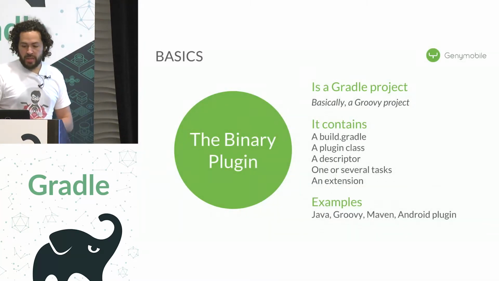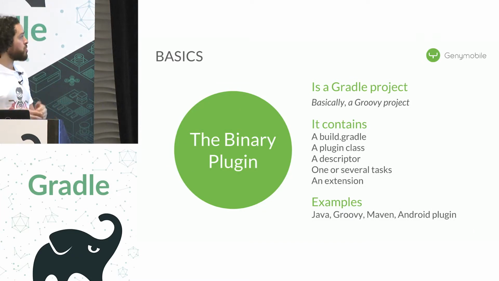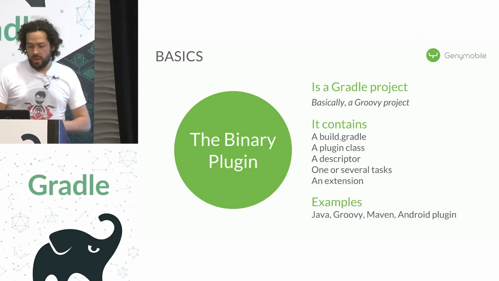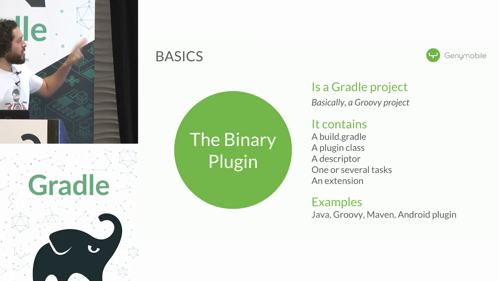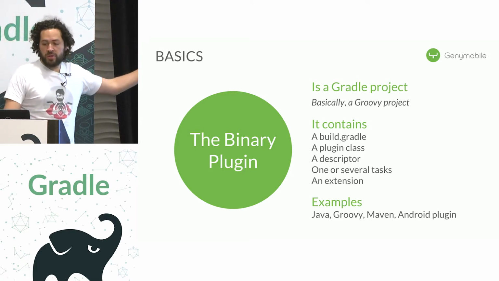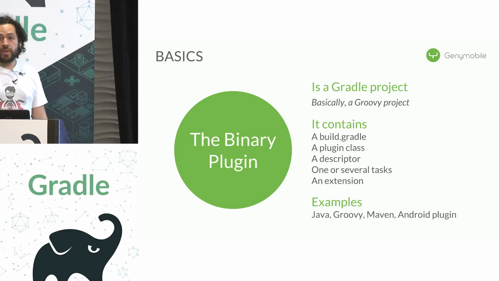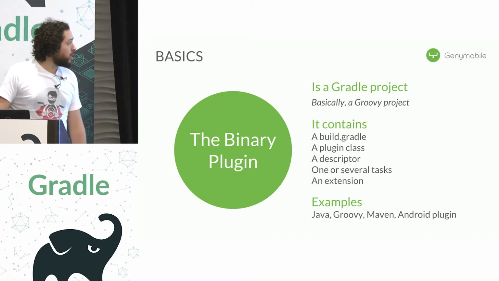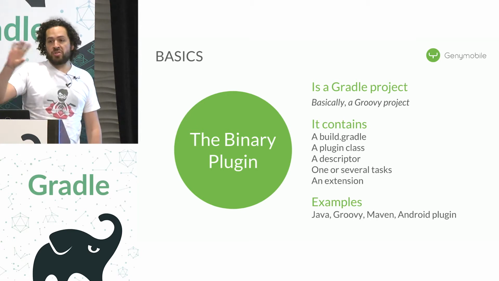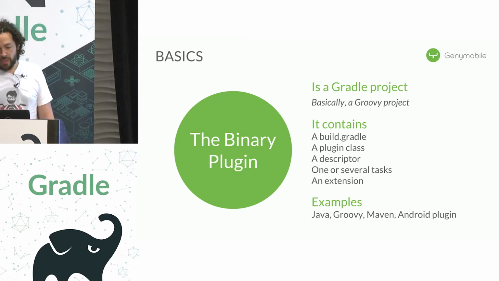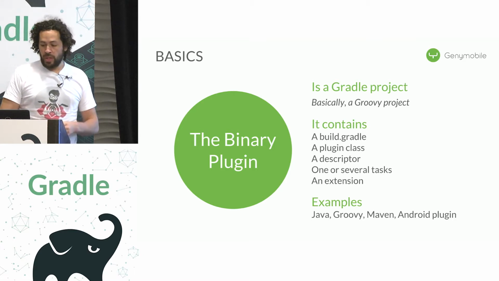Another basic is what composes a Gradle project. Most of the time, it's a Groovy project. It contains a few things. First, because it's a Gradle project, you have a build.gradle. You have a plugin class, which is the entry point of your plugin. You have a descriptor, just to simplify, telling where the entry point is. You have, of course, your logic, and your logic is contained in tasks, the custom tasks that you will implement.